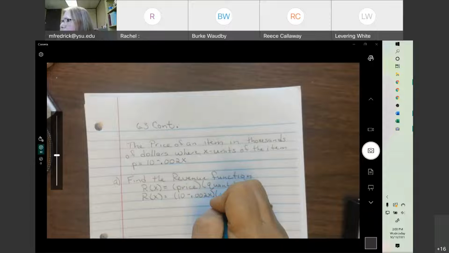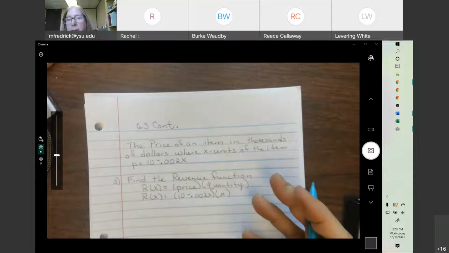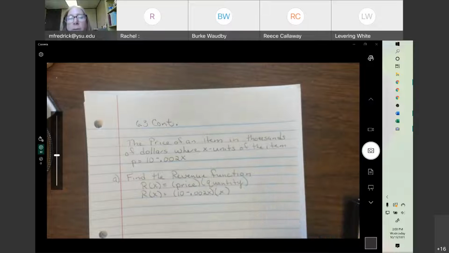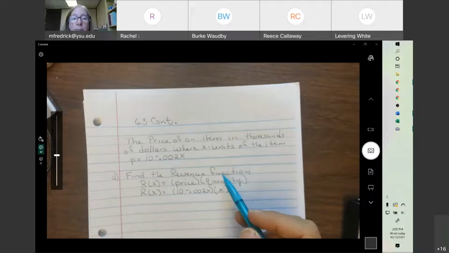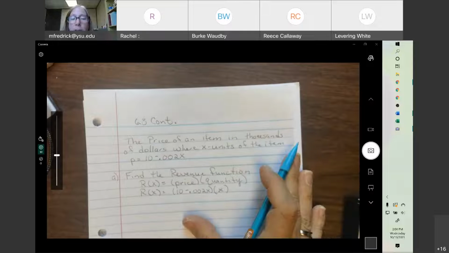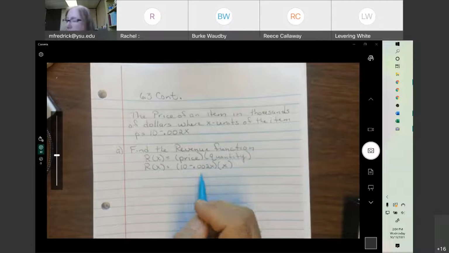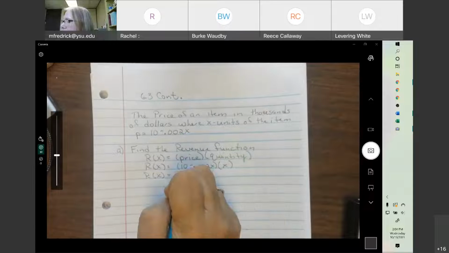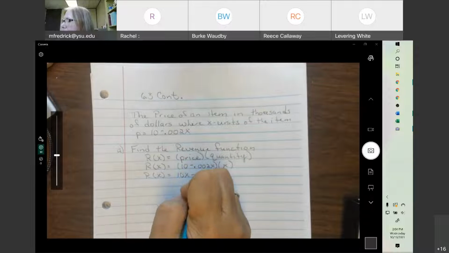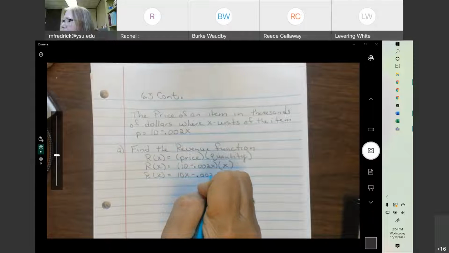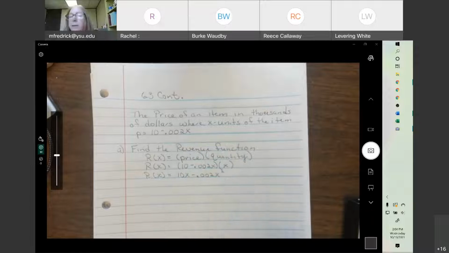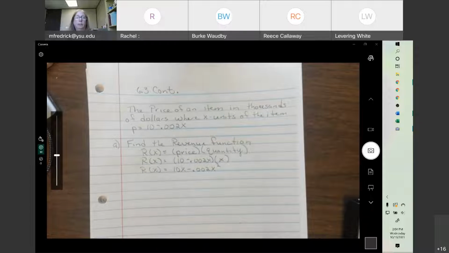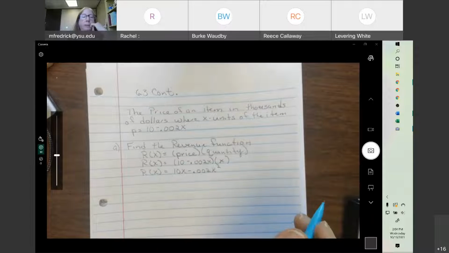Our quantity is X, because X is how many units we have or sell. I'm going to distribute the X. So we have 10x minus 0.002x squared. That would be your revenue function.